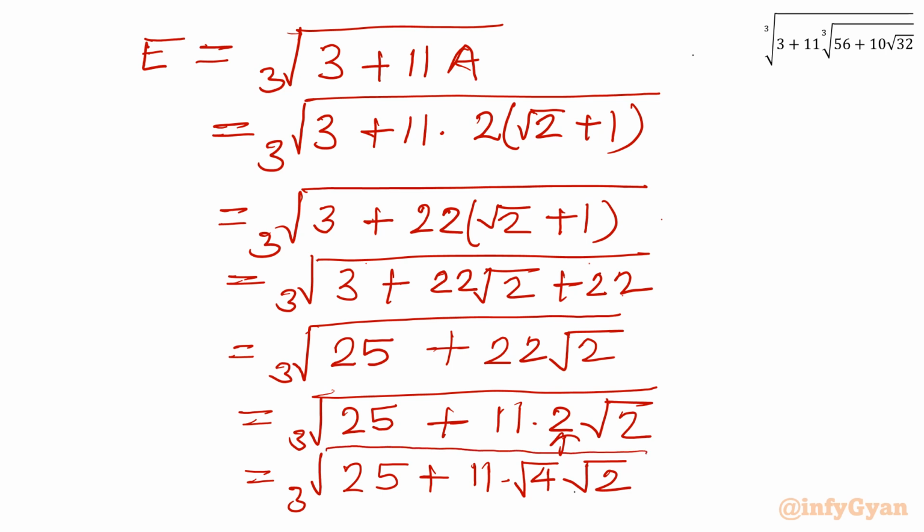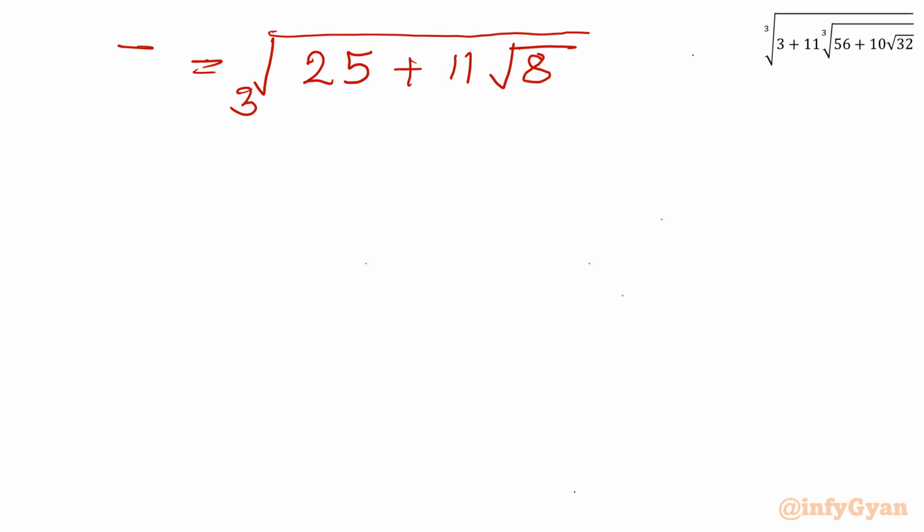Now I can write 25 plus 11 root 8, cube root 25 plus 11 square root 8. This is our expression E so far.